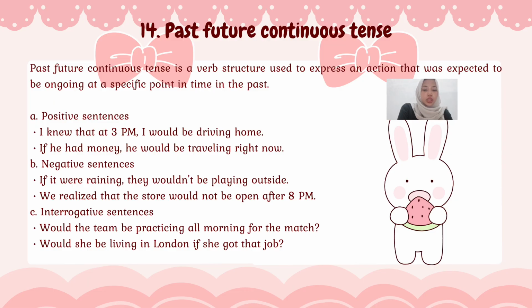And in negative sentence, if it were raining, they wouldn't be playing outside, and we realized that the store would not be open after 8 p.m. And in interrogative sentence, would the team be practicing all morning for the match, or would she be living in London if she got the job?